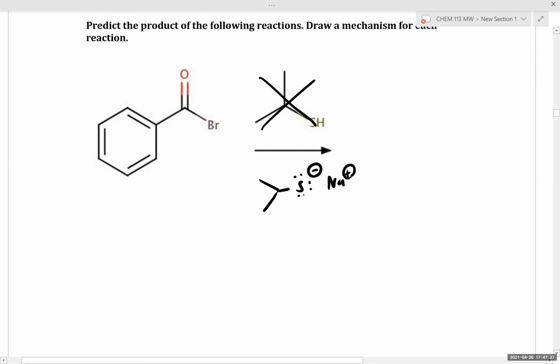And if there are any questions I can address to help advance our discussion, don't be shy to ask them in the chat or verbally, and I'd be happy to address your questions. So, does anyone have a proposed mechanism for this carbonyl substitution reaction that they'd like to share?